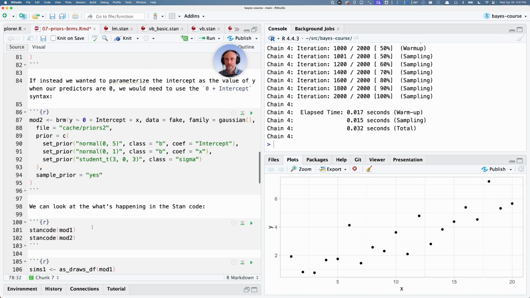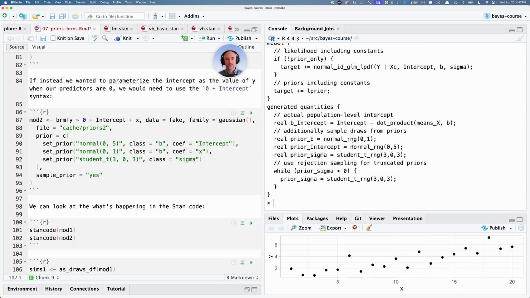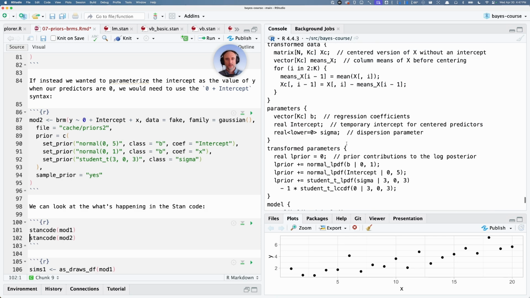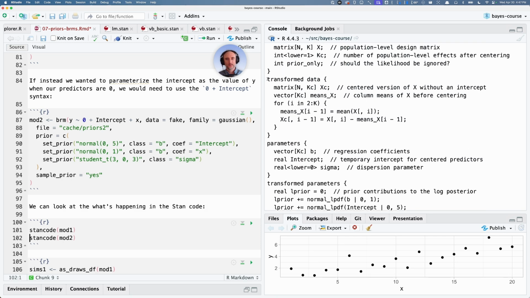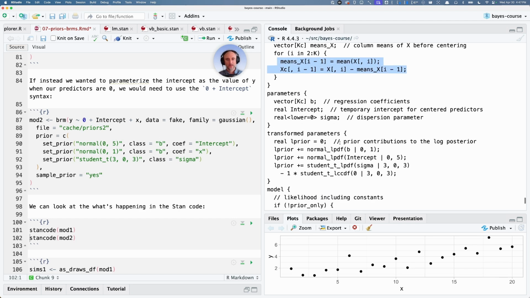So if we look at these two models, this first one, model 1, if we look up here at transformed data, what it's done is it's actually mean-centered all the predictors first before fitting the model, which is going to affect the interpretation of the intercept. The intercept is now the expected value at the mean of the predictors, instead of when all the predictors that we gave it are equal to 0.